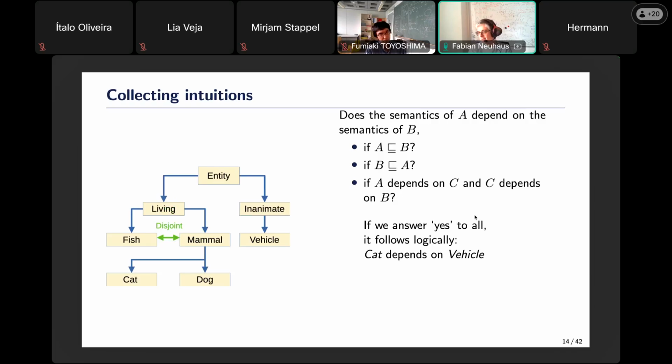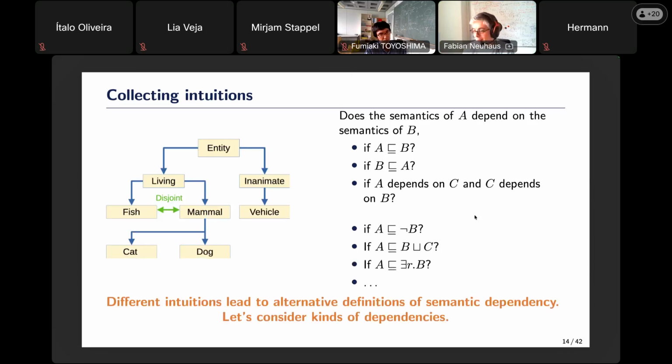Of course, you can look at various other examples. The problem is that different people have different notions of semantic dependency, different ideas and intuitions, and for this reason it's very hard to give a general definition of semantic dependency.